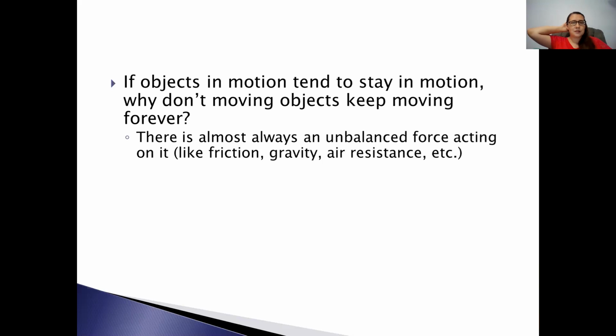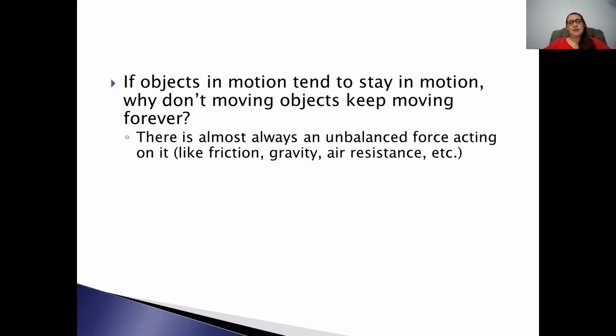But that would be an unbalanced force. Gravity can sometimes be an unbalanced force as well, right? If we're thinking about throwing a ball up in the air, it doesn't keep on going up and up forever. Gravity is an unbalanced force, so eventually gravity is going to be pulling it back down.